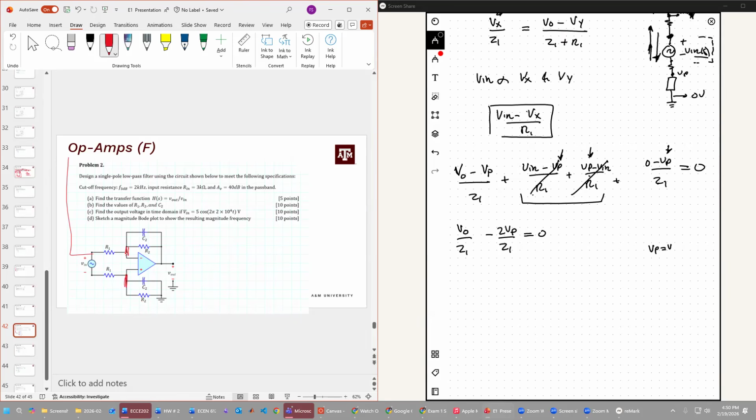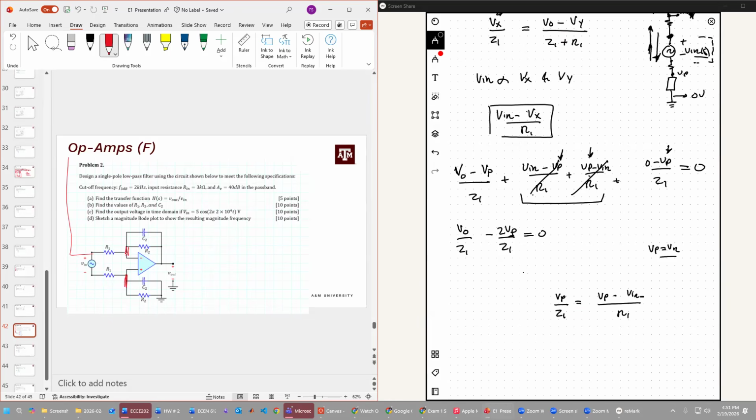The best way to find the value of VP is with nodal analysis, where we can simply say VP divided by Z1 is going to be equal to VP minus VN minus divided by R1. I think that's the approach we're going to have to take.